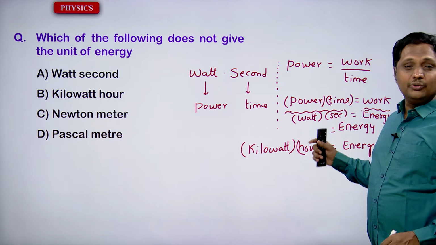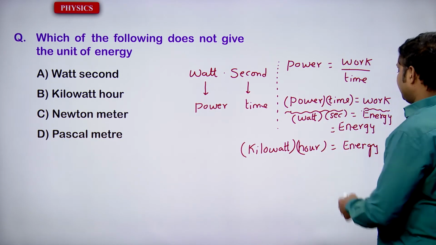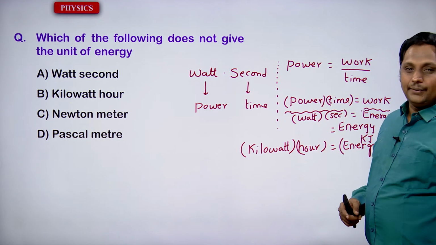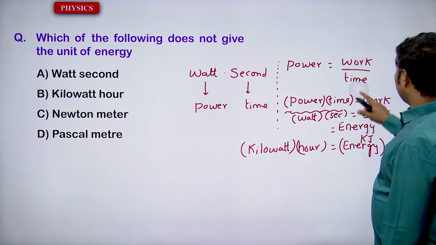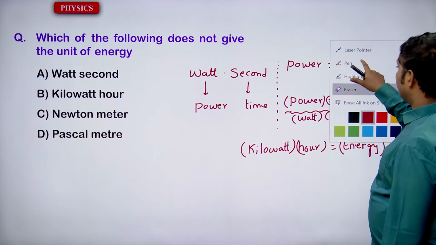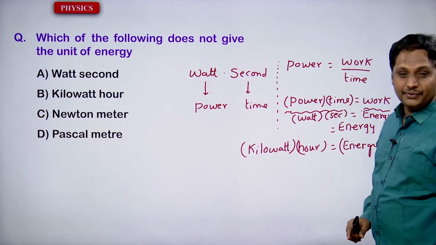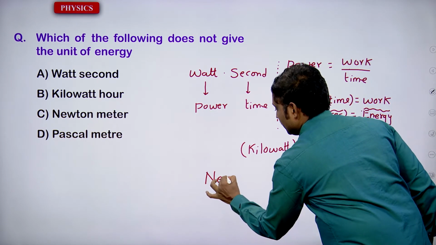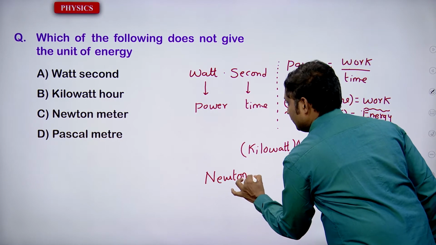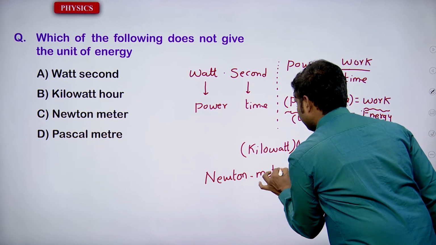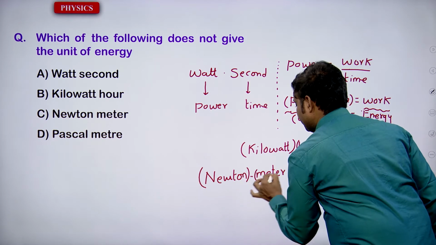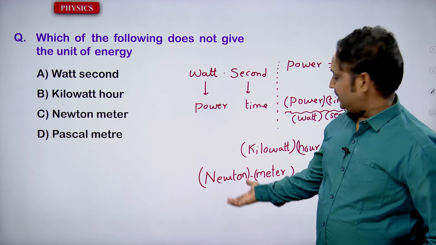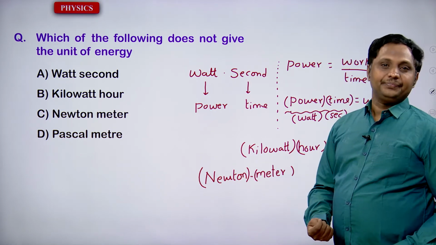Sometimes you can take joules and kilojoules, you have to confirm this. Okay, right. Now, we would like to go for the second one, Newton meter. From the basic definition, Newton is the derived unit for force, it is very clear.